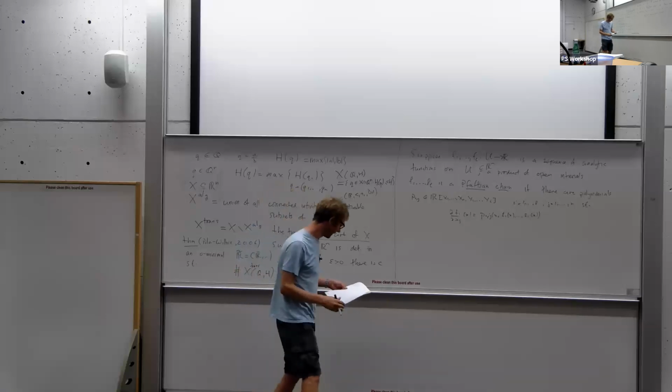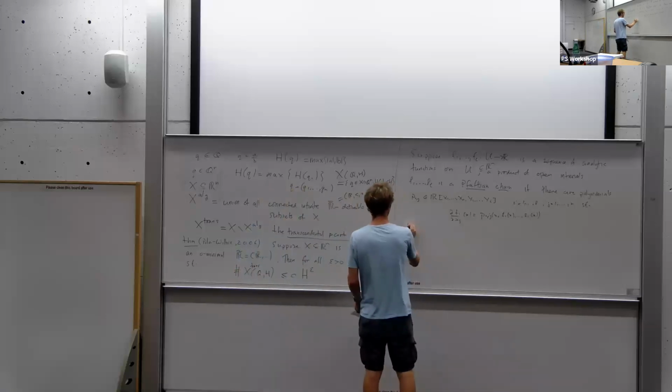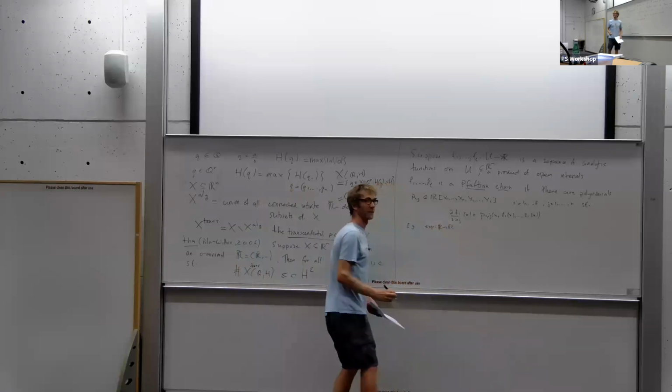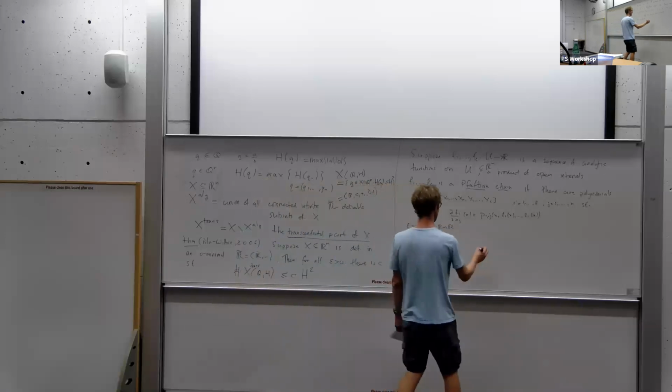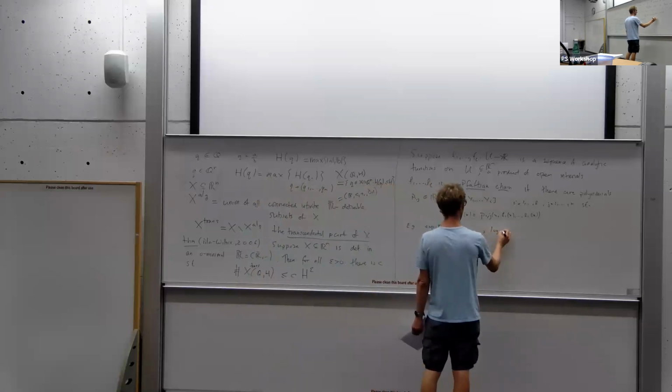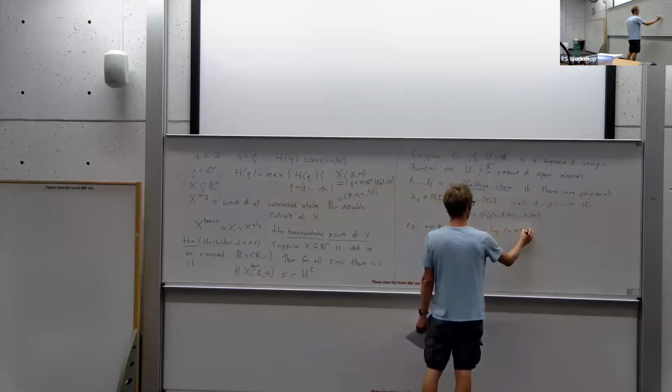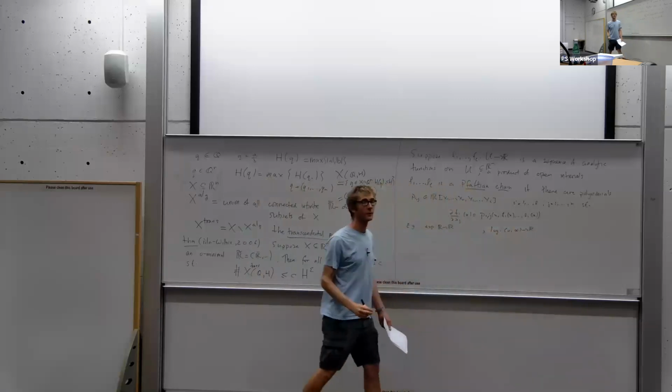So for instance, x is a Pfaffian chain of length 1. Log x, with x, forms a chain of length 2.